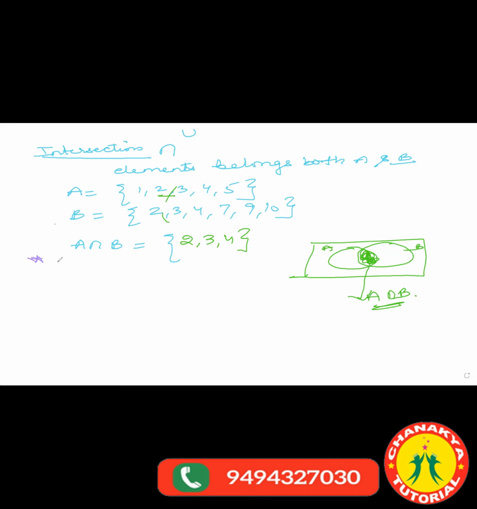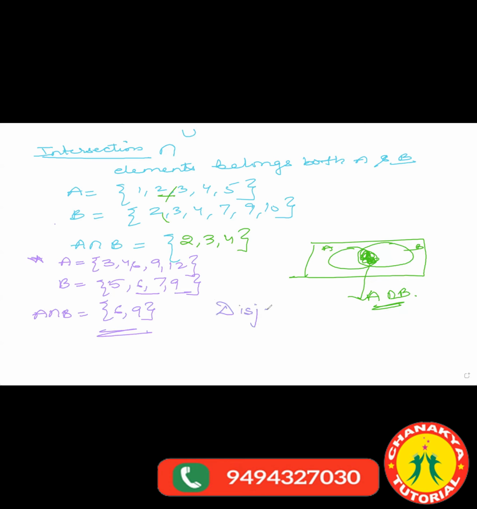One more example I can take. Suppose A is equal to 3, 4, 6, 9, 12. And here I am taking 5, 6, 7, 9. So children, just tell me what is common here. What will be the intersection? 6 and 9. So 6, comma 9 will be the intersection of A and B. Clear this thing, children?